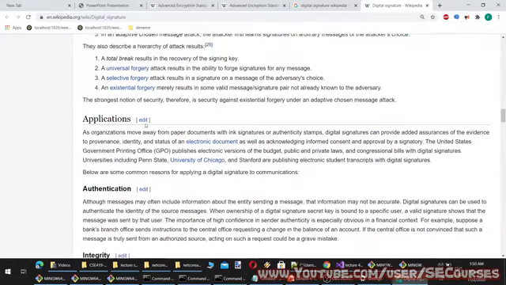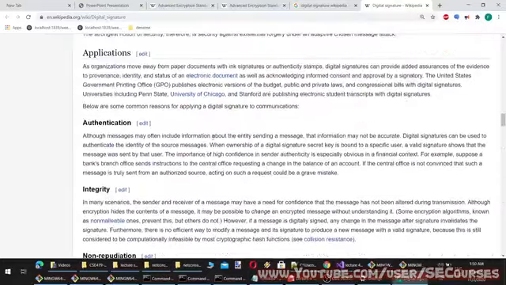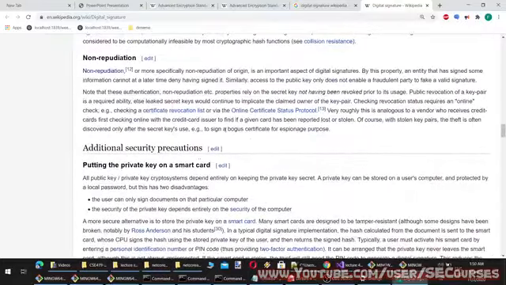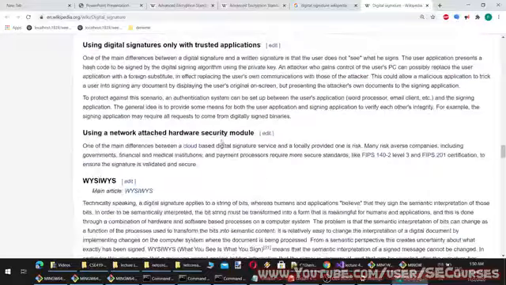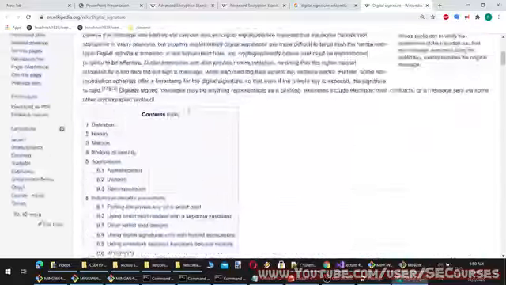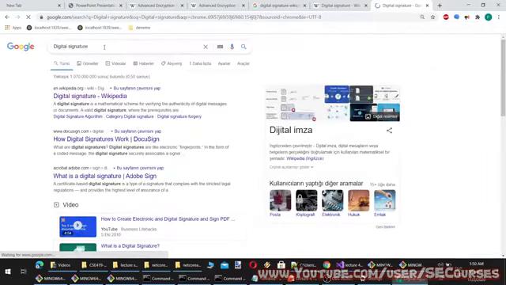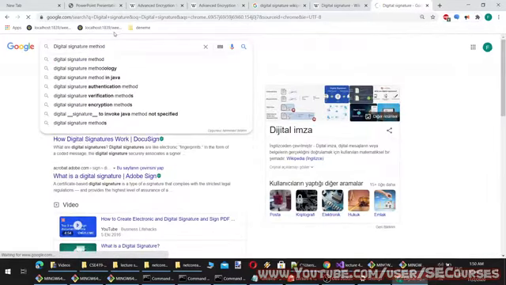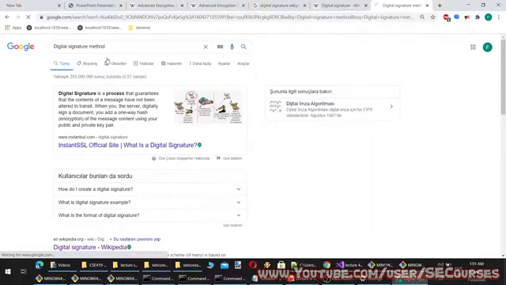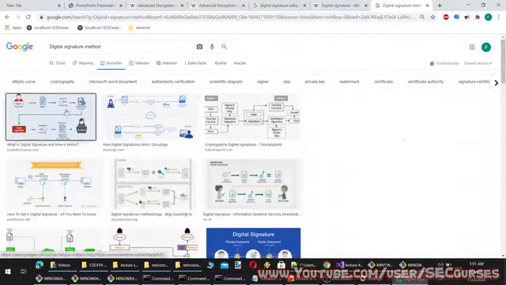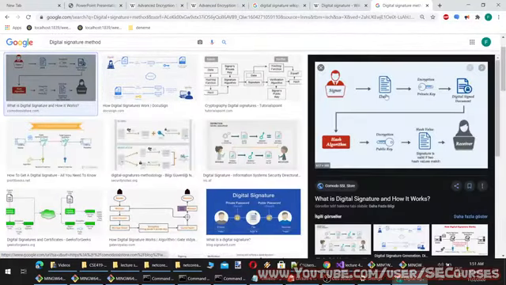Okay, there are also notions of security, applications, authentication, non-repudiation, and such. You can read about them at home. And perhaps there can be some images. So: signer, data, encryption, private key, digital signed document, hash algorithm, decryption, public key, hash value.